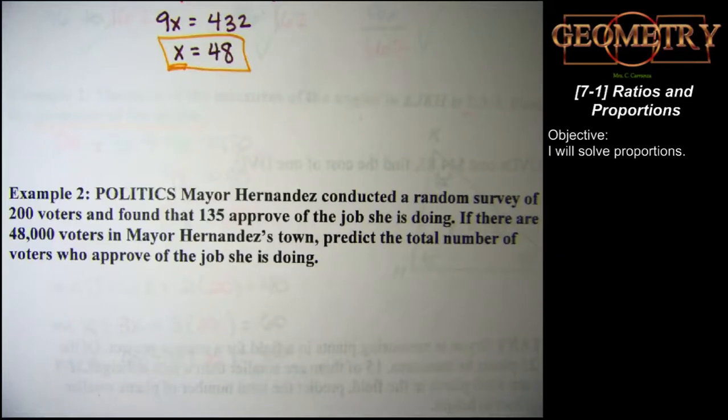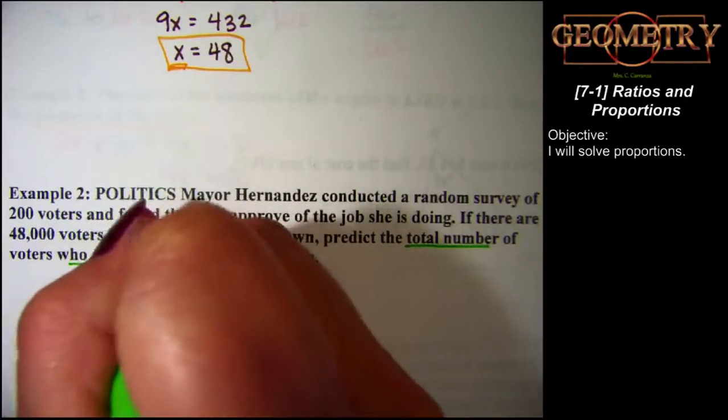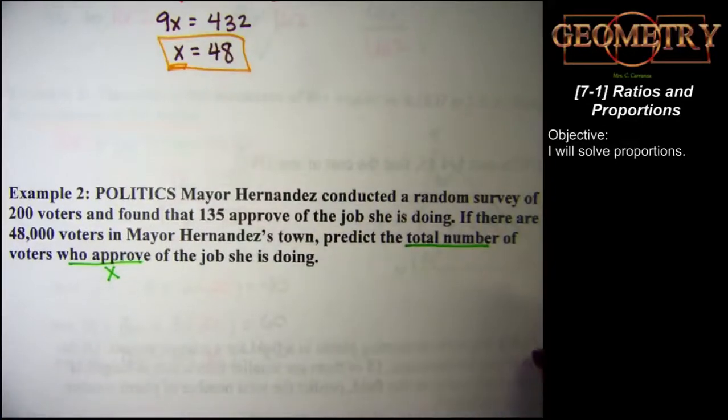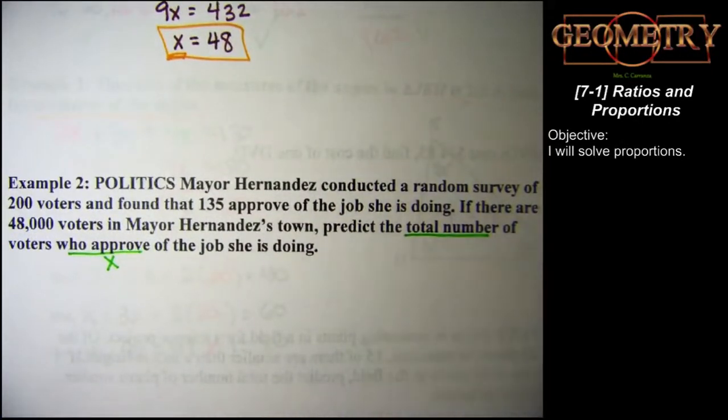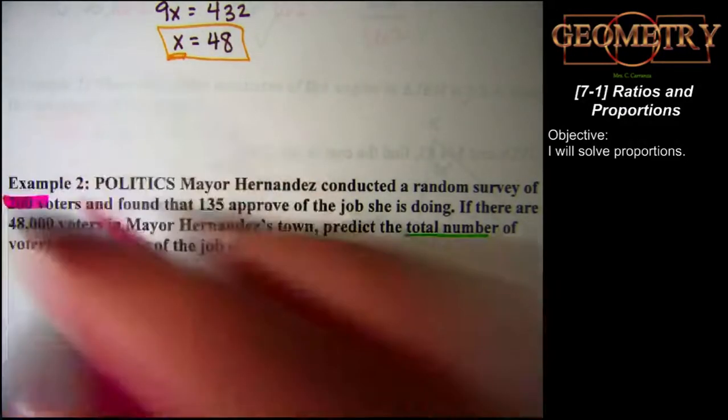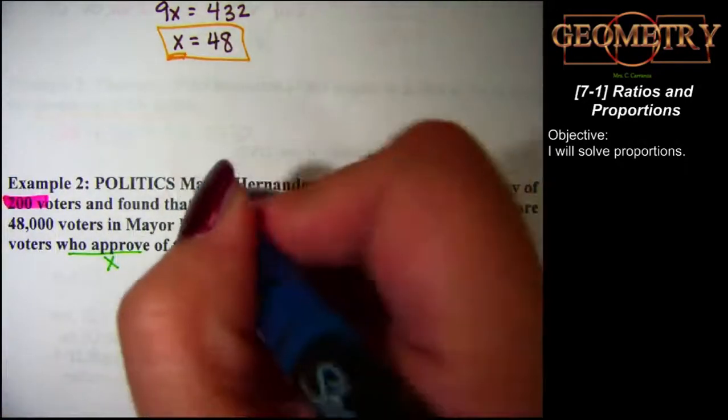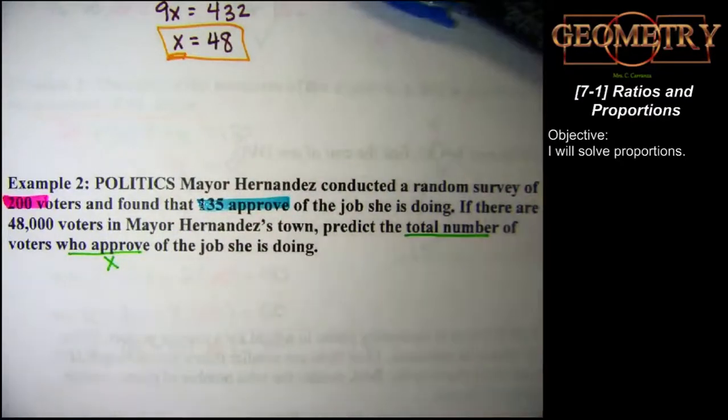So we're going to use x for that one. That's right. So predict the total number of people who approve. We're going to use x for that. What we're going to do is we're going to set up a proportion because we have a ratio sitting right here with the total number of voters and the number of voters who approve.